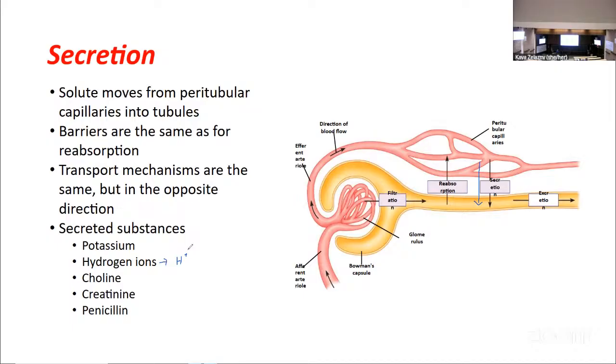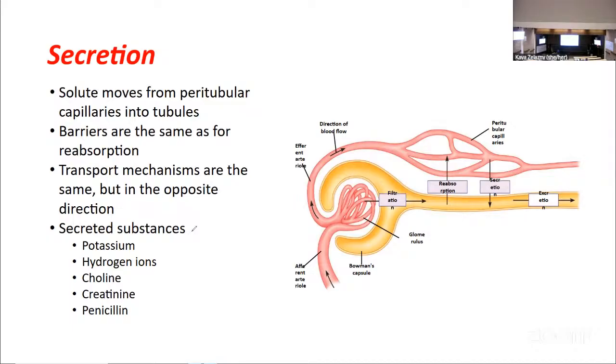But we got other substances that get secreted too. Potassium is probably going to be the other big one for us in this unit. But as you move into future courses, you might talk about choline, you might talk about creatinine, you might talk about medications like penicillin. There are a couple other things that your body can secrete.